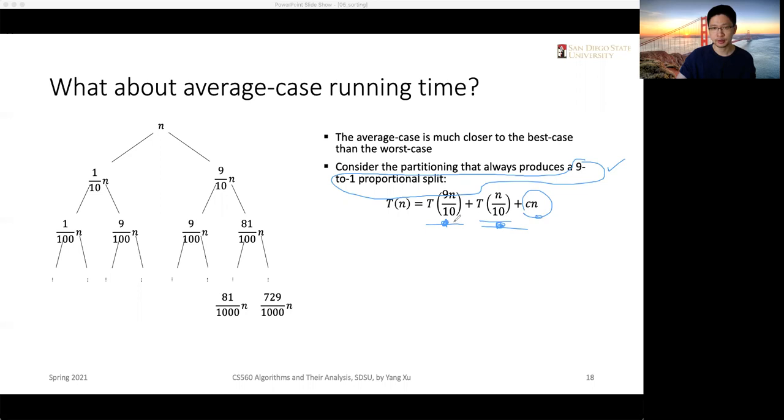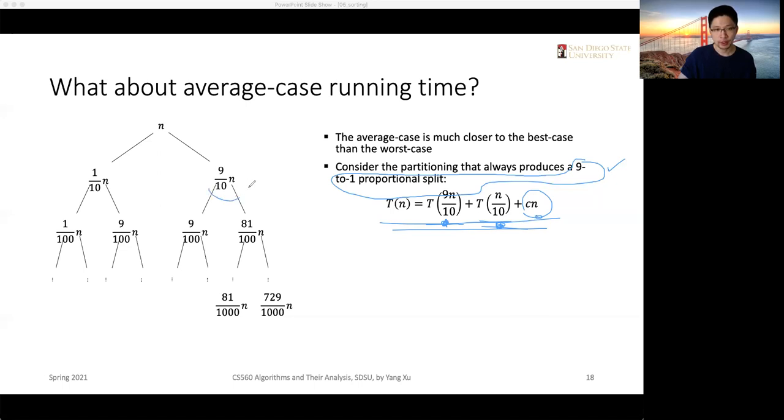This one doesn't change. Given this new recurrence, we can quickly plot the recursion tree. 9/10 is here, and we assume that c equals 1, so we ignore the c's in the nodes.